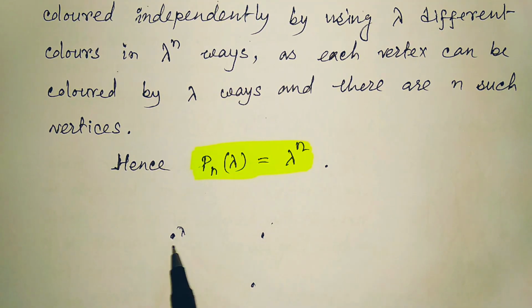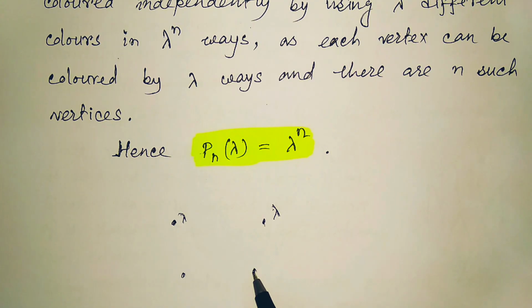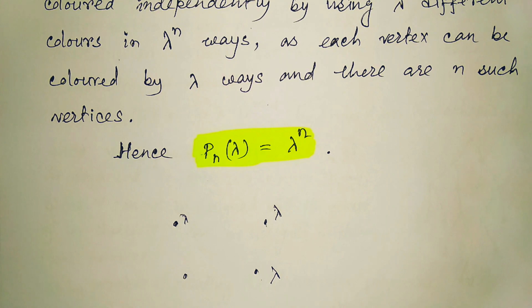Again, for this one, as these are not adjacent vertices, we can choose lambda different colors for coloring this vertex again. For this one, again these are not adjacent to any other, so lambda colors again we can consider.